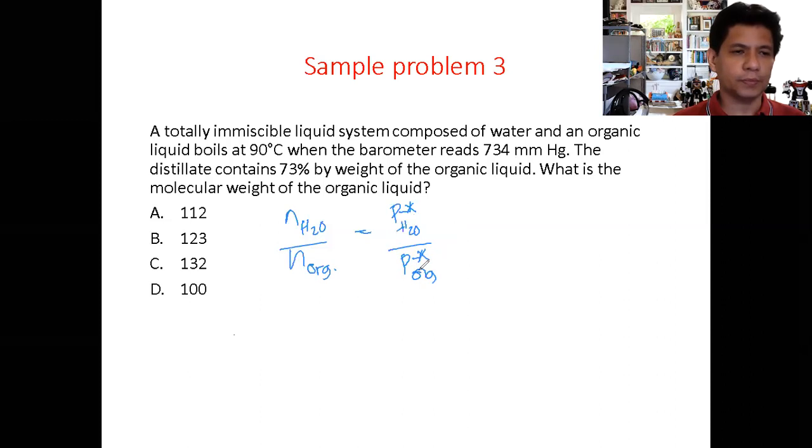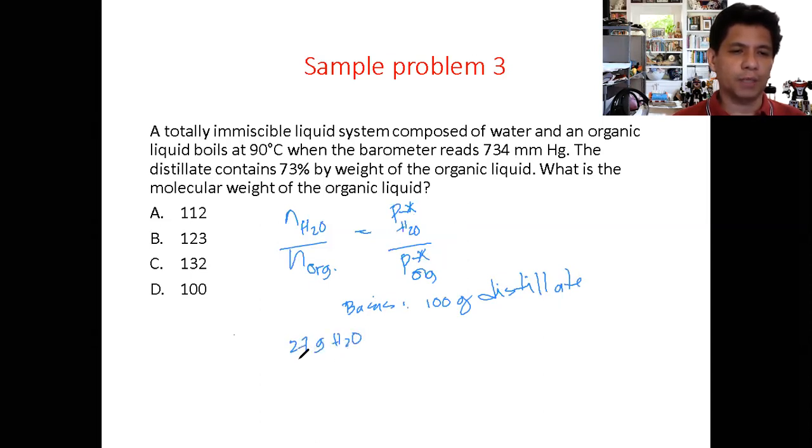The distillate contains 73% by weight. So if our basis is 100 grams of distillate, then we will have 27 grams of water.